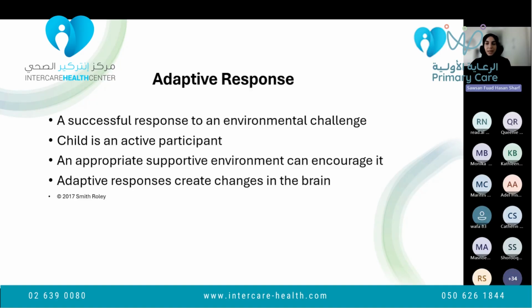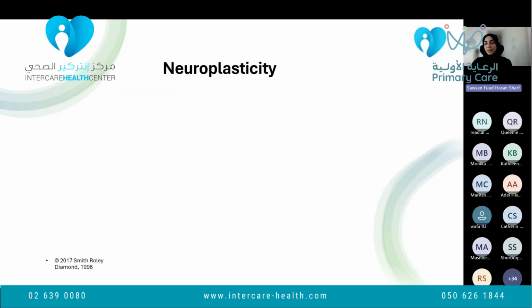We're not doing the activity passively. We're trying to encourage the child to be as active as he can in order to learn and to succeed in adaptive responses. And these adaptive responses over time create a permanent change in the brain, which is called neuroplasticity.